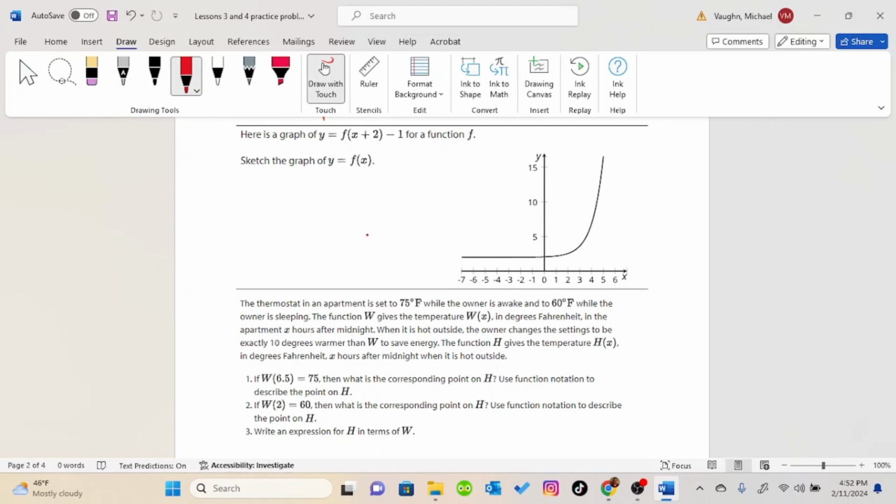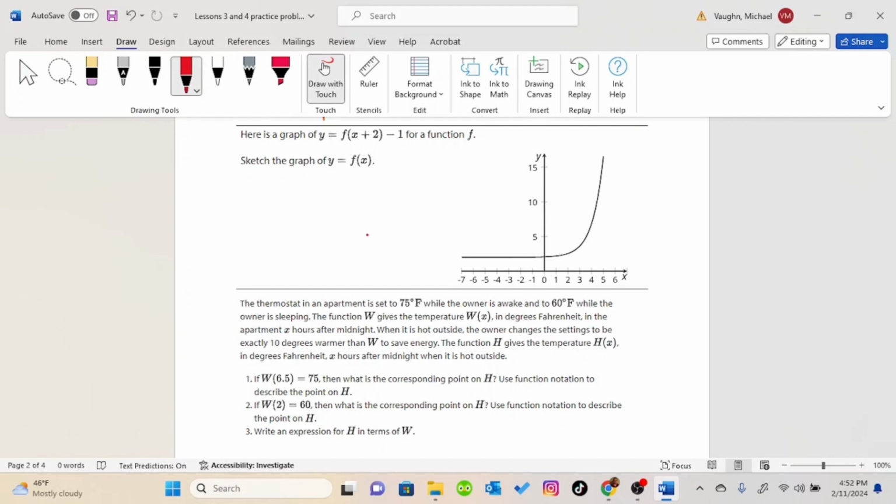And if it has minus 1 outside of the parentheses, that means it has been shifted down 1 from the original graph. So we need to find some points here.